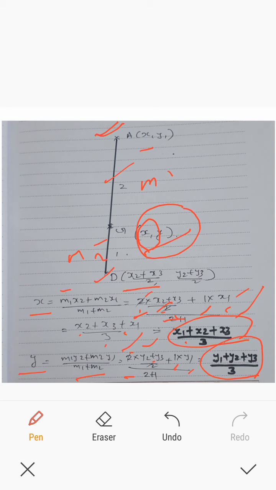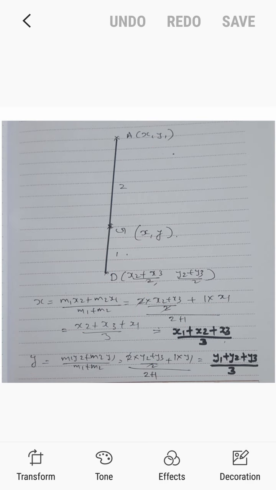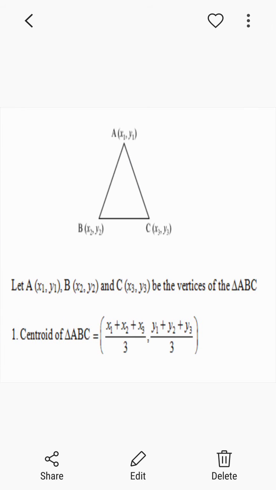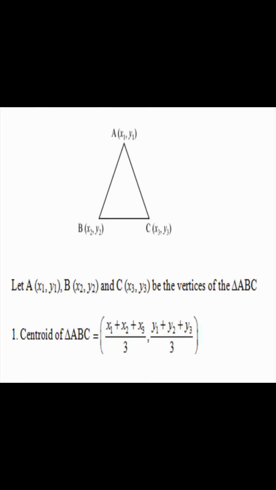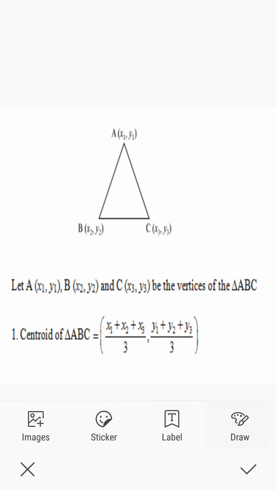That means add all the x coordinates of the vertices and divide by 3, and add the y coordinates of the vertices and divide by 3. Or, the average of the x coordinates and the average of the y coordinates. You see, triangle ABC with vertices (x1, y1), (x2, y2) and (x3, y3).